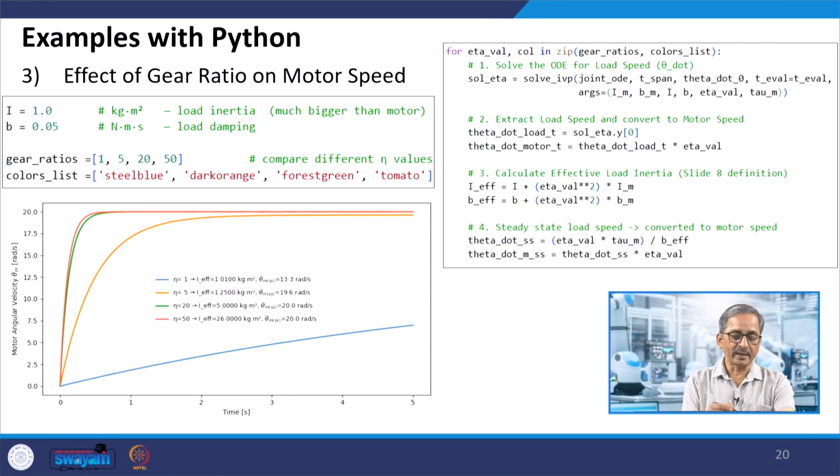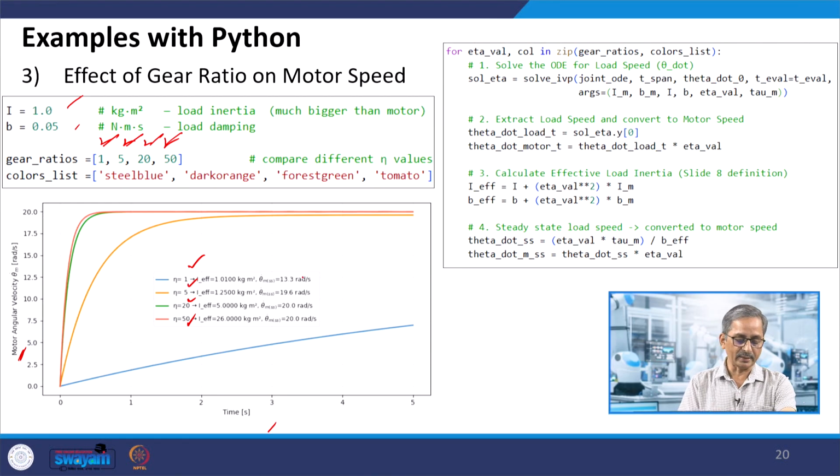Here is the effect of gear ratio on the motor speed. Again, we define I and B over here, and we are trying to see this with various gear ratios, say 1, 5, 20 and 50. Here I am looking at the motor angular velocity, at the motor side, with time.